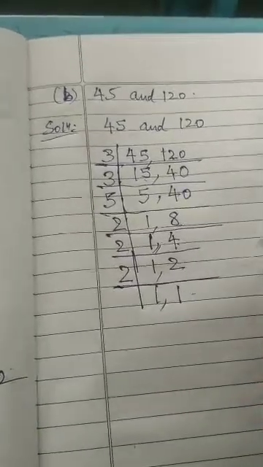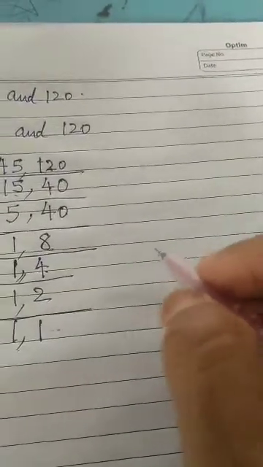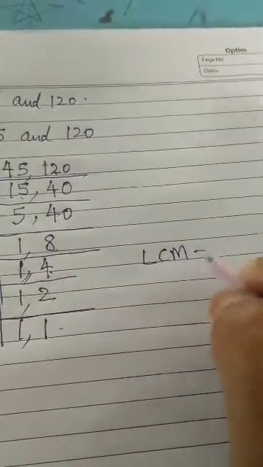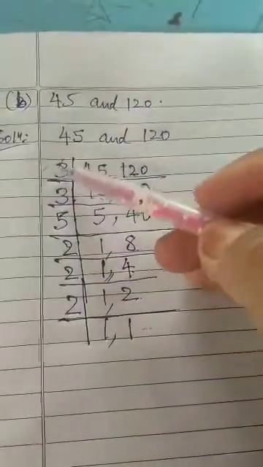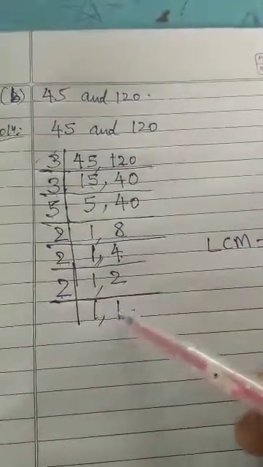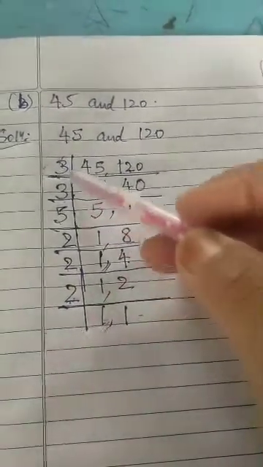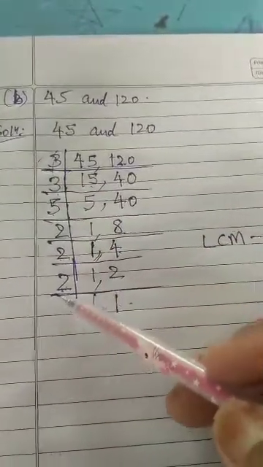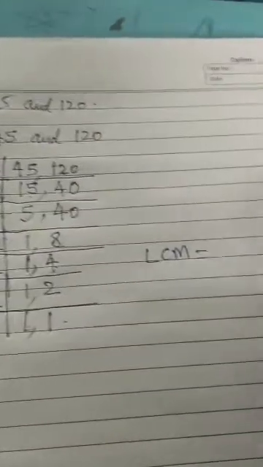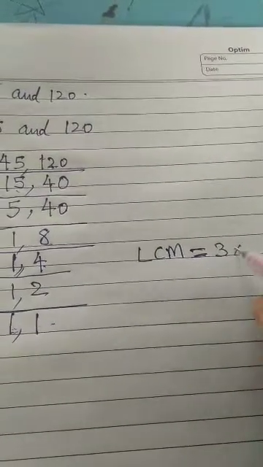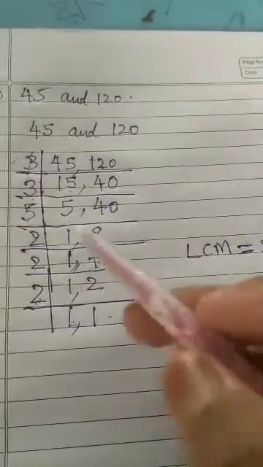Now LCM. I will write here. LCM is equal to, you should multiply all these digits until here, where 1 1 is there. Go multiply: 3 into 3 into 5 into 2 into 2 into 2. So how many 3 are there? 2. 3 into 3 into 5.